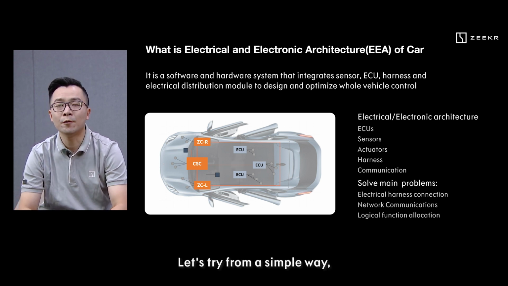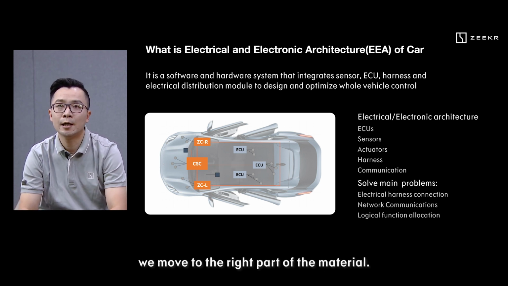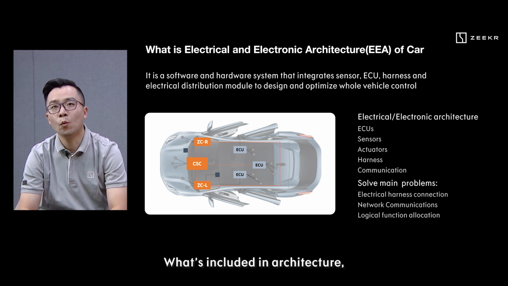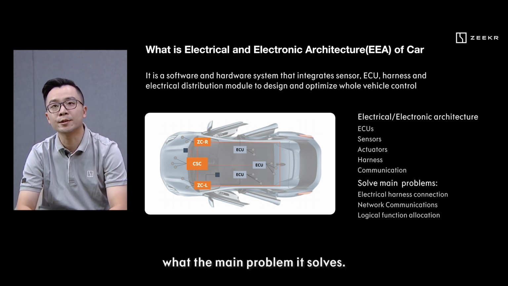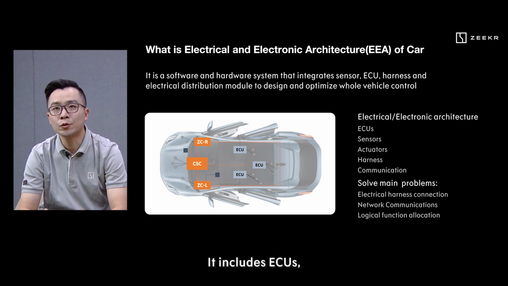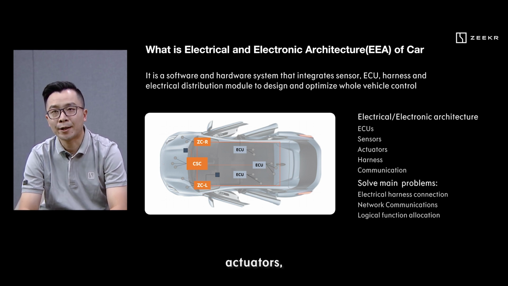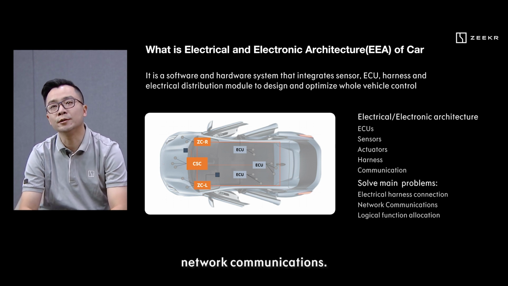Let's try from a simple way. We move to the right part of the material. Let's try to see it from two angles: what is included in the architecture and what main problem it solves. It includes ECUs, sensors, actuators, harness, network communications.